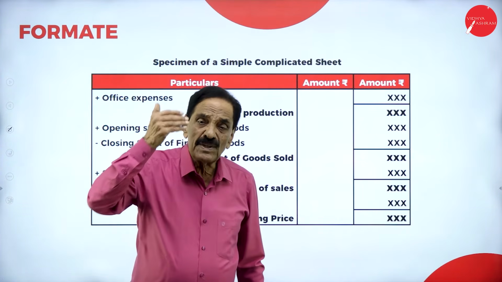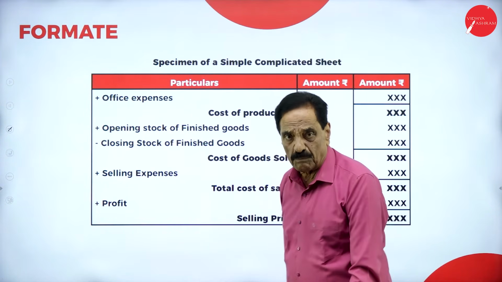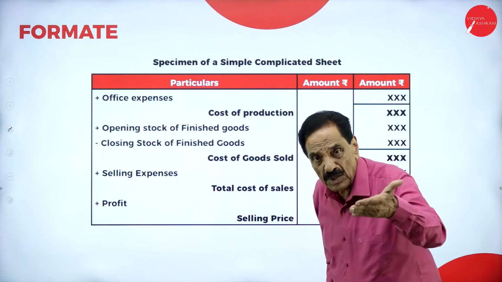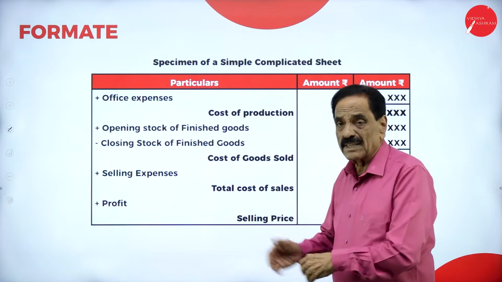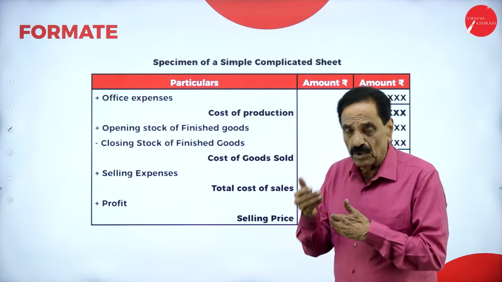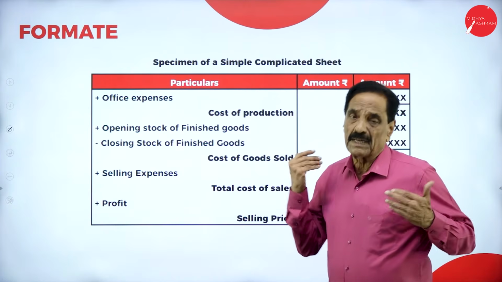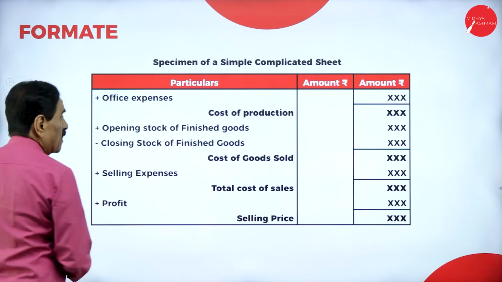Add office and administration expenses, it becomes the office cost or cost of production. Add opening stock of finished goods minus closing stock of finished goods, that is the cost of goods sold. Add selling expenses, it becomes the total cost, plus profit becomes the sale. This you have to learn. We'll go to the problem according to this.